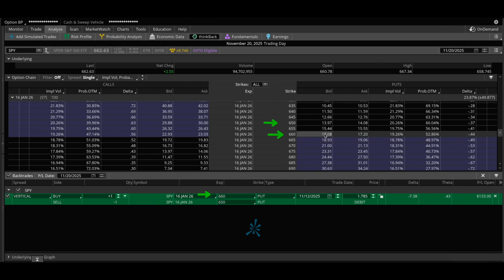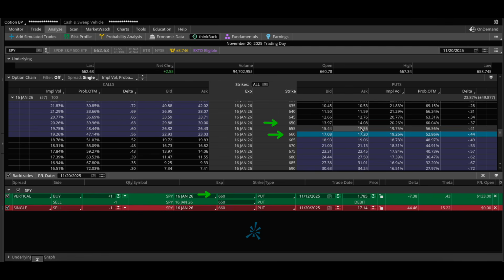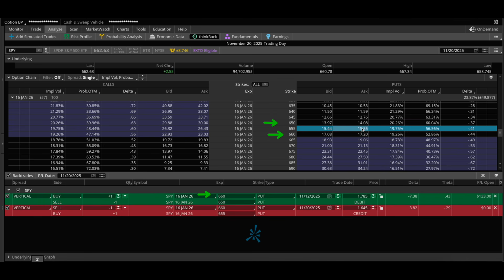I could sell the 660 strike put option and buy the 655 strike put option, and that would give me a credit of $1.64, but that would leave me with a 5-point wide put debit spread, and really that isn't going to do a whole lot.